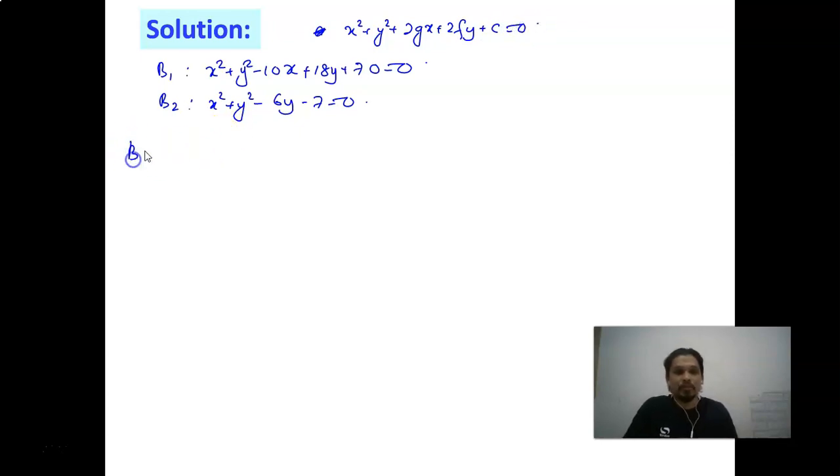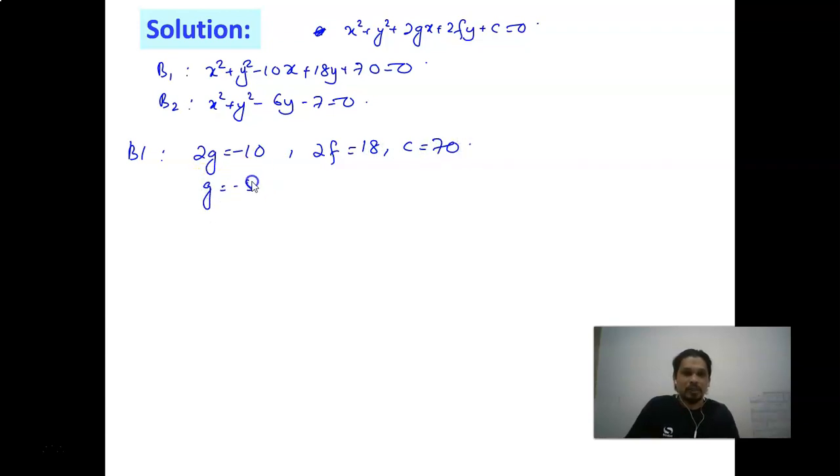Okay, for B1, once we compare this with the general equation here, then you get 2g equal to negative 10, 2f equal to 18 and c equal to 70. So then g equal to negative 5 and f equal to 18 divided by 2 equal to 9.